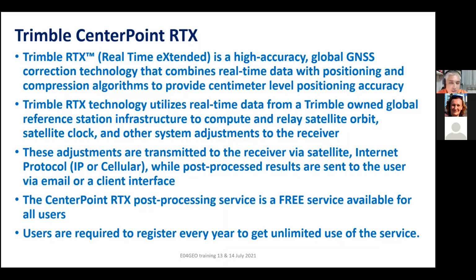So these adjustments are transmitted to the receiver via satellite, via internet protocol, being IP, or cellular, while post-process results are sent to the user via email or a client interface. Indeed, the result that I'll show you later on in the use case was sent to the user via email.